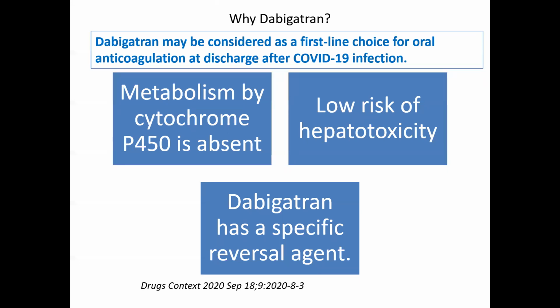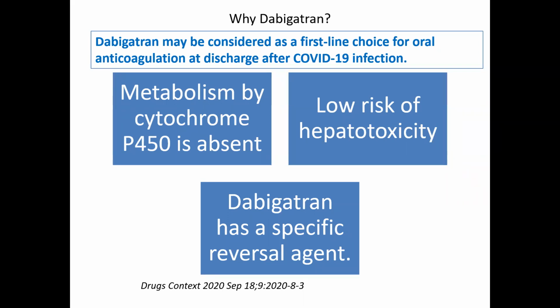So, dabigatran may be considered as first-line choice for oral anticoagulation at discharge after COVID-19 because metabolism by cytochrome P450 is absent. There is low risk of hepatotoxicity, and dabigatran has a specific reversal agent.